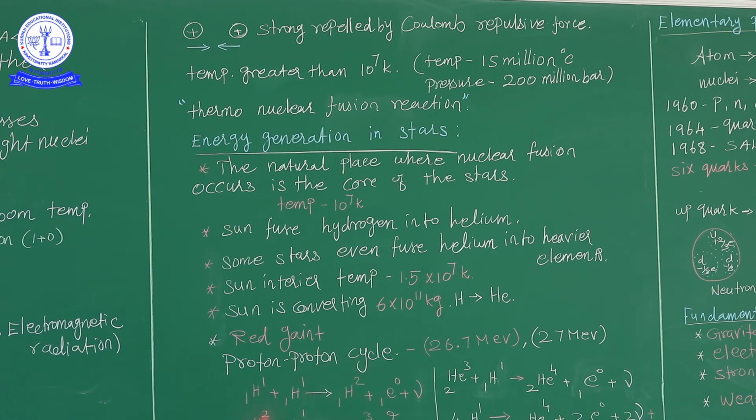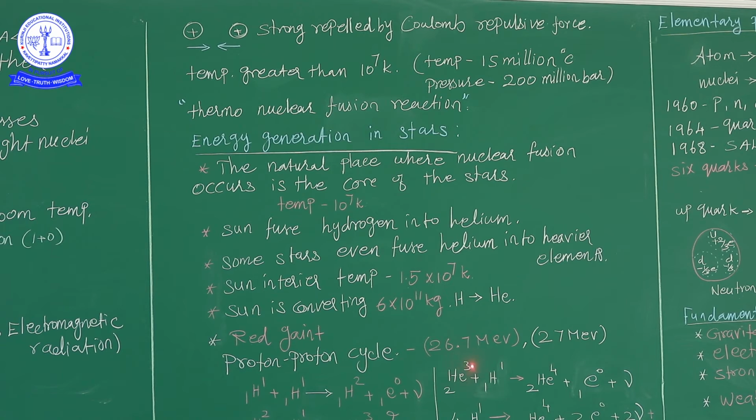Next, the deuteron will combine with a proton, with the emission of gamma rays, producing helium. So we already said the sun fuses hydrogen into helium. So here is the helium.